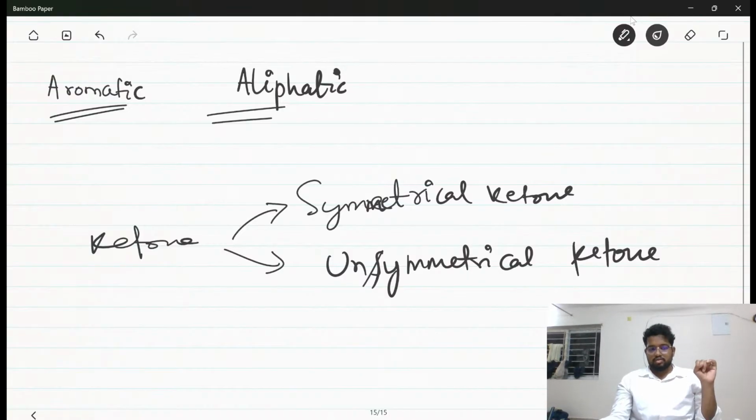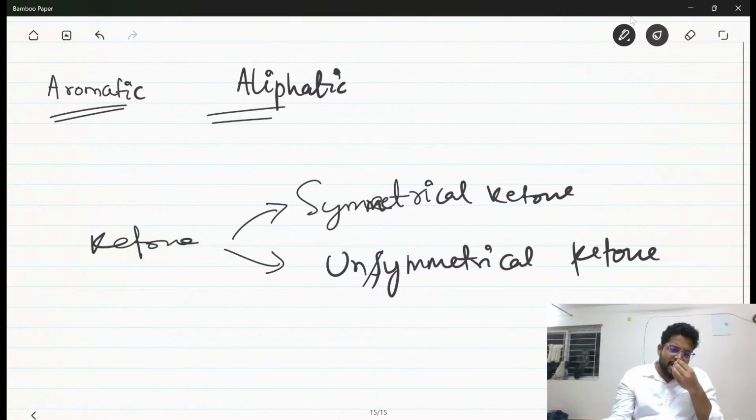Methods of preparation. Whatever you learnt in a few of these previous chapters will be very useful in methods of preparation of aldehyde and ketone. For example, you learnt ozonolysis, you learnt Kucherov reaction, you learnt Markovnikov addition, you learnt anti-Markovnikov, and a lot of other things.